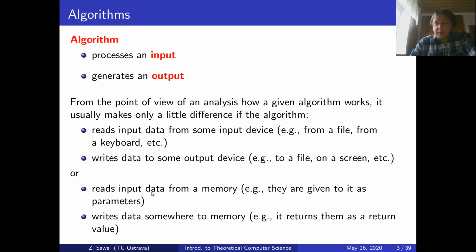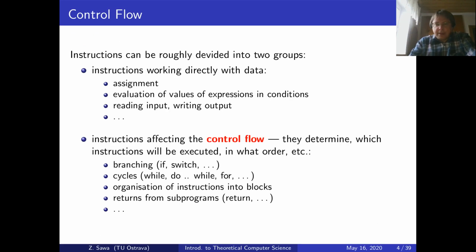From the point of view of analysis of algorithms, these things are typically not important. Except for pseudocode or informal descriptions in natural language, we will also use another kind of representation of algorithms in the form of a so-called control flow graph.